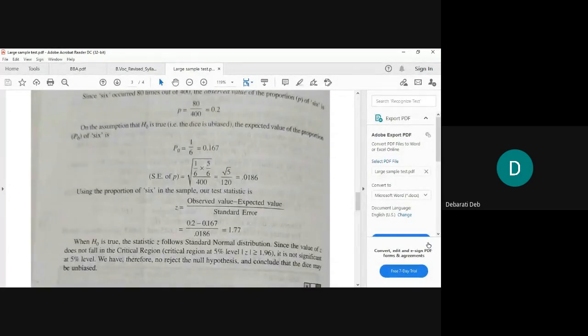Standard error. If it is 5 by 6, then you multiply it by 6, it will be 5 by 36. Then in the denominator, root over of 400 means 20. So it will be 20. Then root over 5, bring that 6.